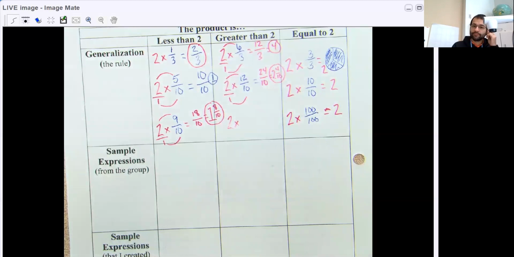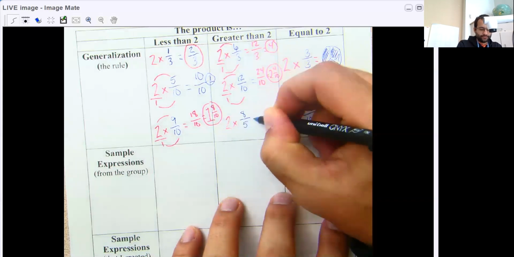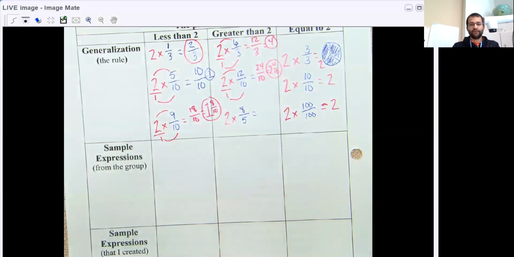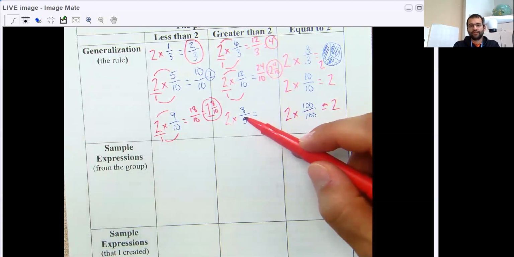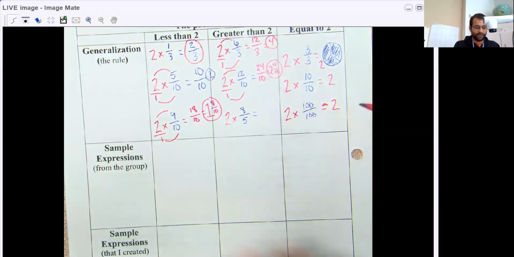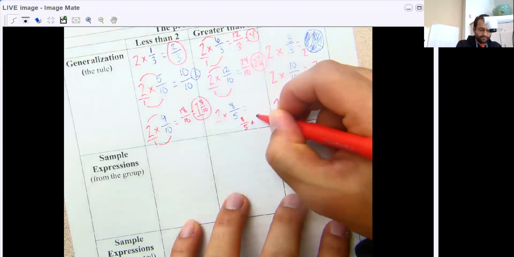2 times, let's try, how about 8/5? So this time, instead of putting our 1 underneath, let's just add this up 2 times and see if we can get our answer. So 8/5 plus 8/5.